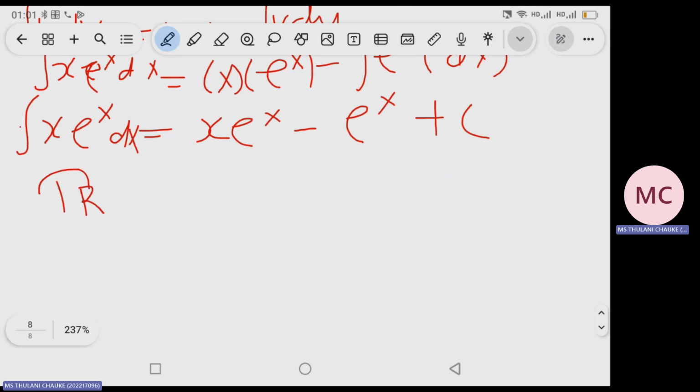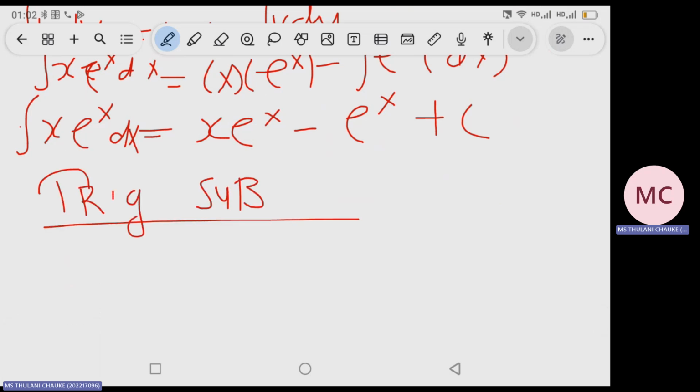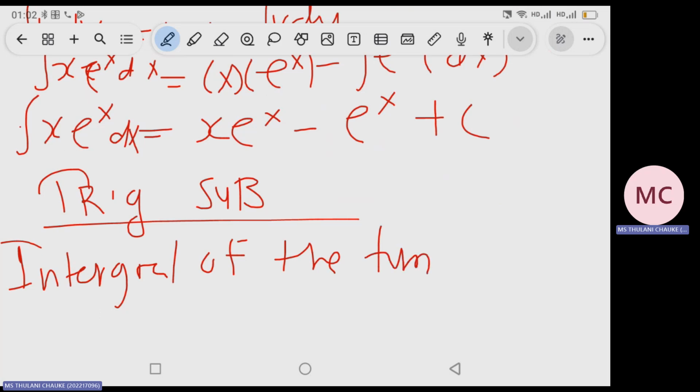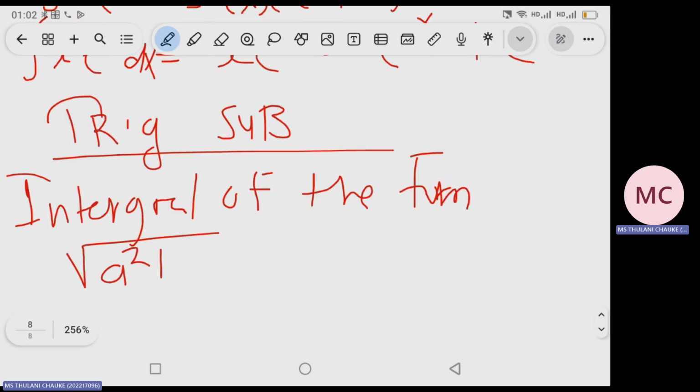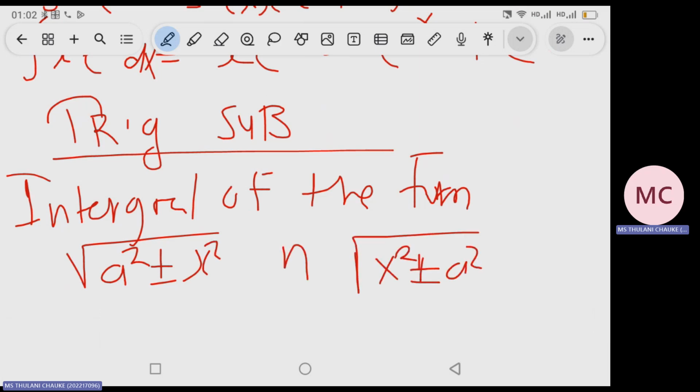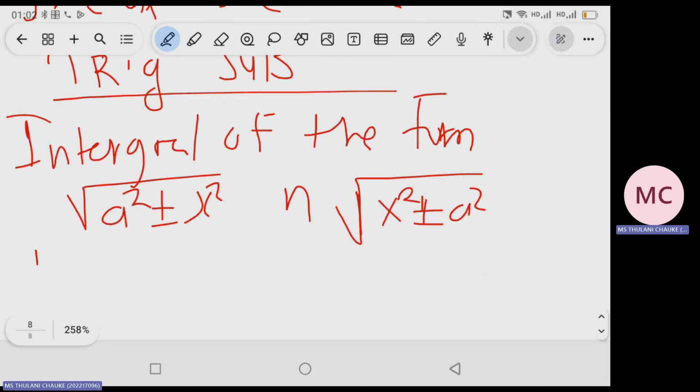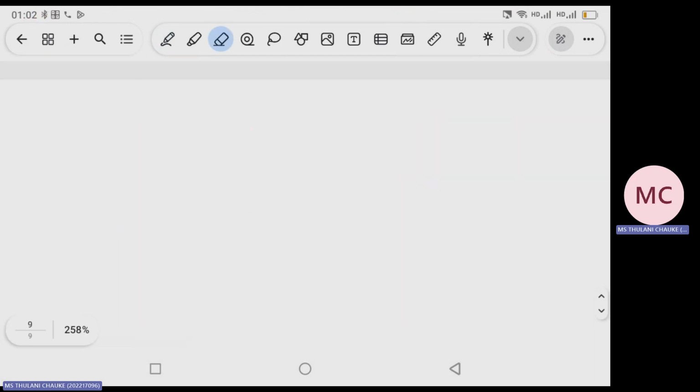Then with trig substitution, we're talking about integrals of the form the root of a squared plus or minus x squared and the root of x squared plus or minus a squared. So we've got 3 conditions. I'll write them.